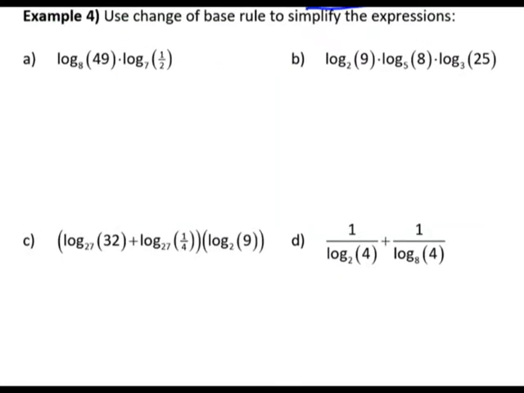Next, we're going to look at simplifying expressions using change of base to start. The first thing I'm going to do is pick a common base to change both of these logs into. I'm going to choose base E because natural logarithm is less to write.